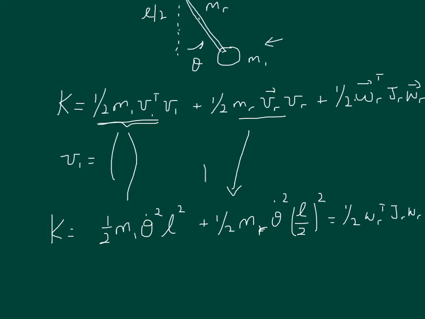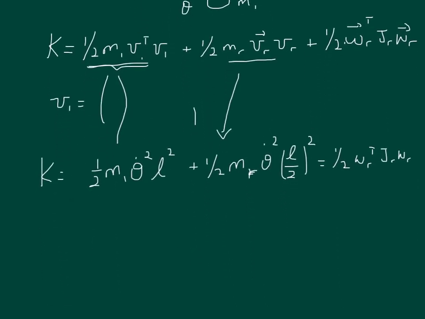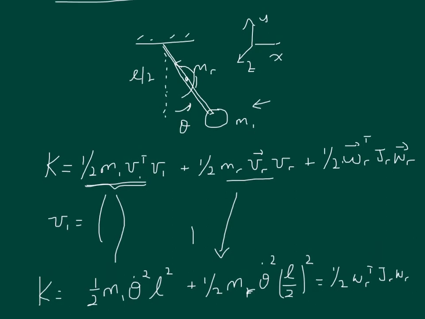So the first thing to point out is that this system is going to rotate about the center of mass, and the rotation is all going to be in the z direction. So again, this is x, y, it'll all be in the z direction. So what is the angular velocity?